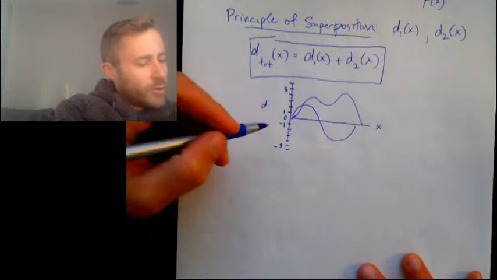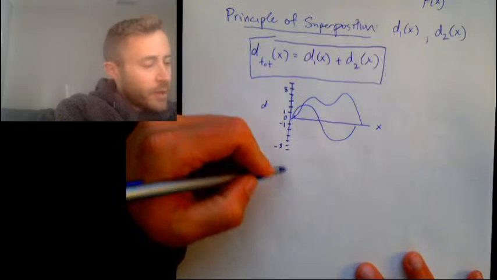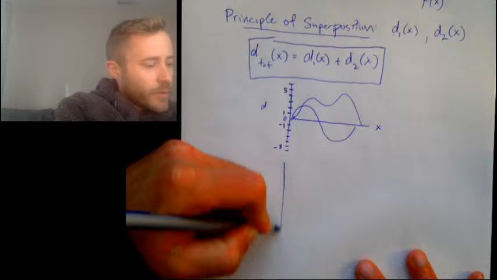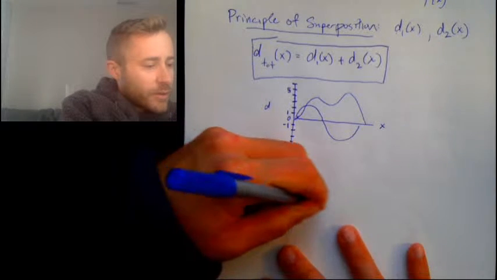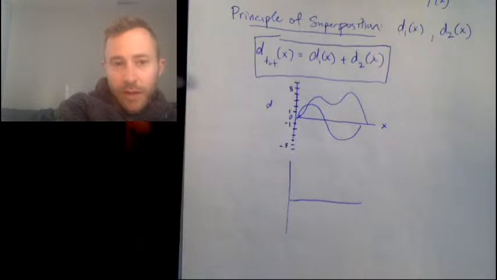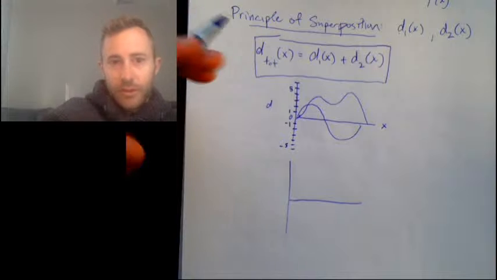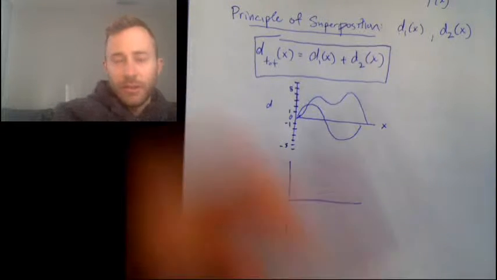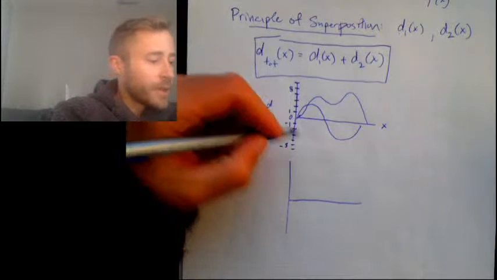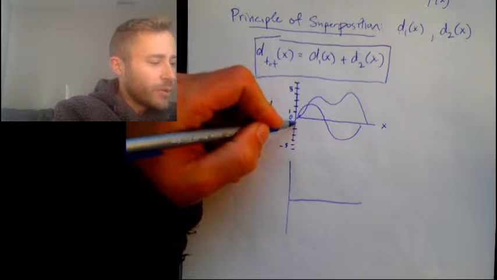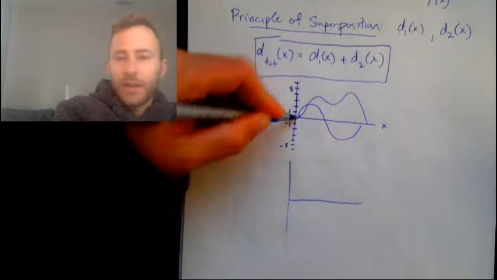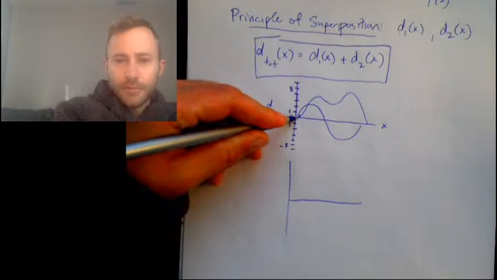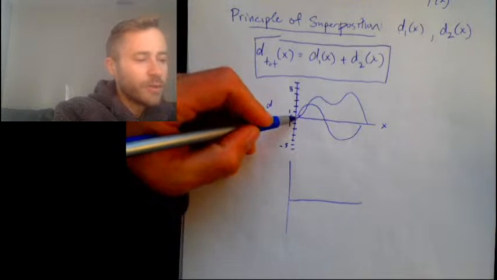But what we would do if we want the total wave is a lot like adding two functions f of x and g of x to make a third function. It's exactly like that. So what is the total wave here at x equals 0? At x equals 0, both waves are 0.